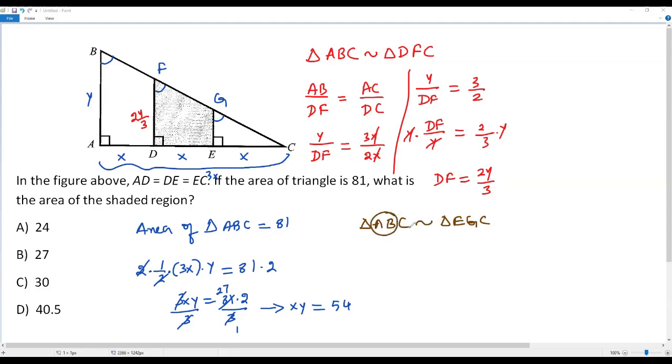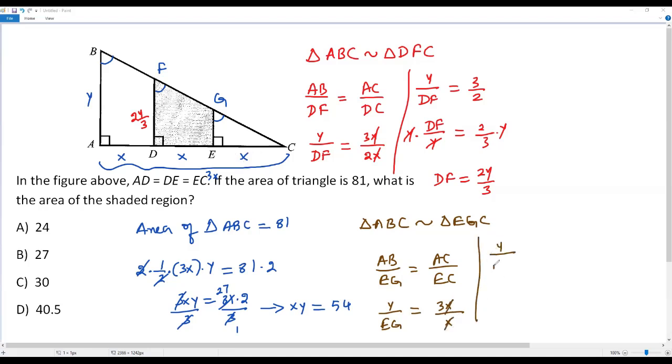Okay, now let me take the side AB in the first triangle, and the corresponding side in the second triangle is EG. And now let me take the side AC in the first triangle. The corresponding side in the second triangle is EC. And for AB, we know that it's Y, and for EG, we do not know the length. That's what we have to find. And for AC, we know that it's 3x, and for EC, we just have x. Then this x will cancel out.